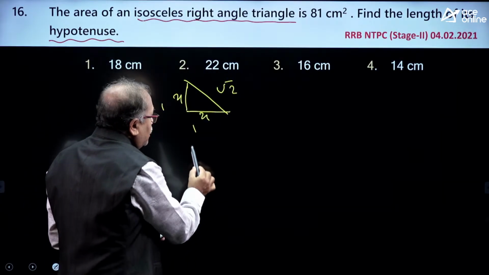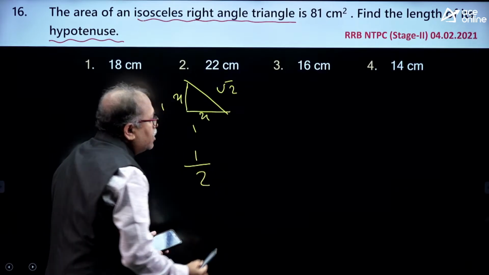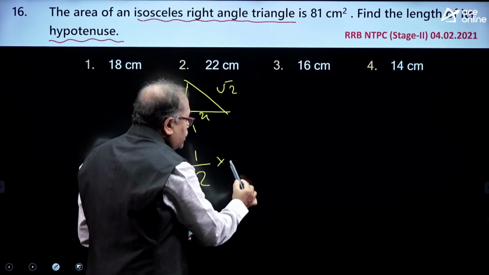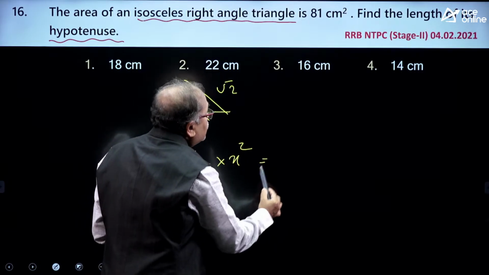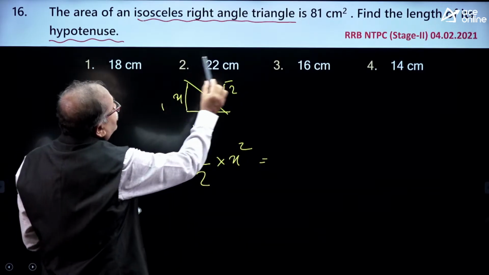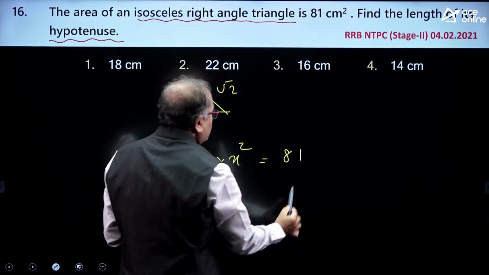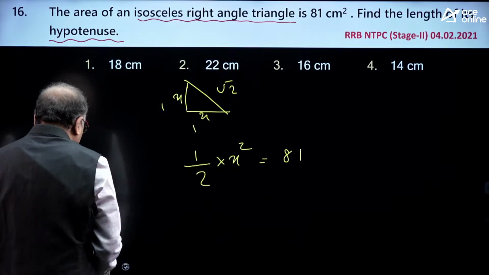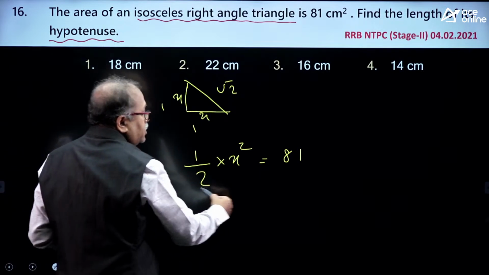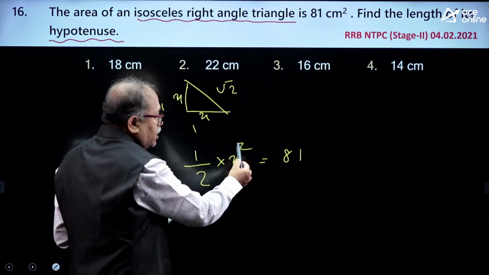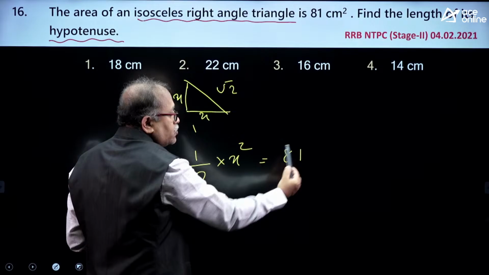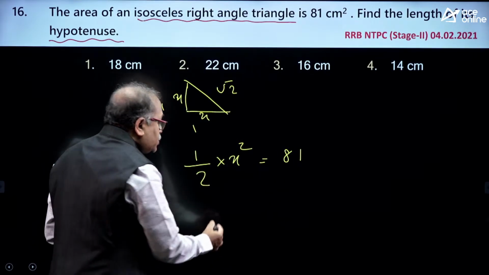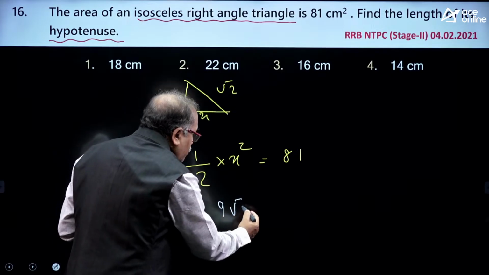So, that is half of x into x, that is height into base, which is x square, and which is equal to 81. I will take the 2 on the other side and the square is there. So, I will take the square root of this, that becomes 9. So, your answer has to be 9 root 2.